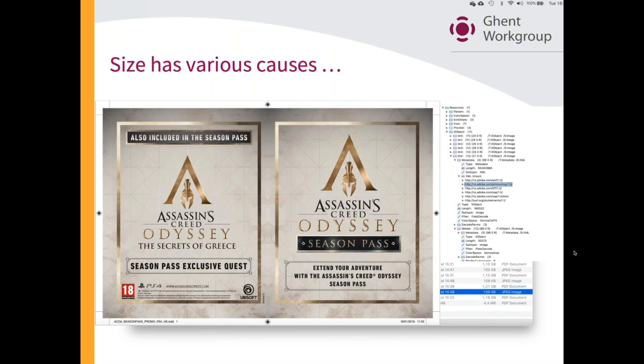And here you see the size of the metadata. This image has a metadata size of 66 MB. We have multiple images in the PDF, and those metadata add up to that size. So that's the easy answer.